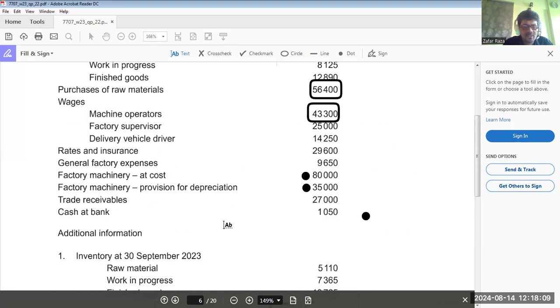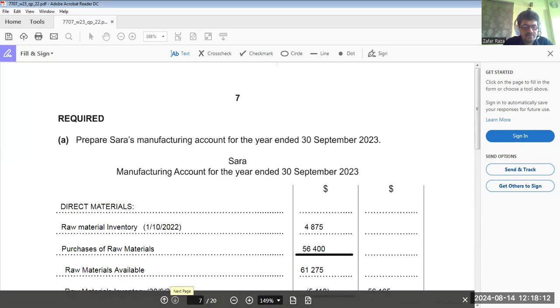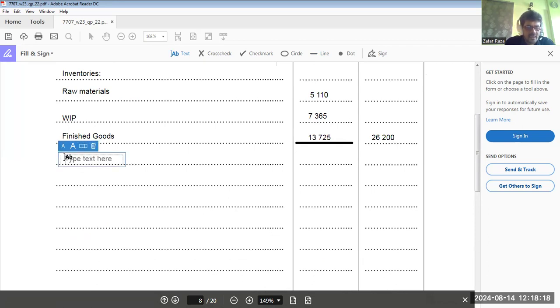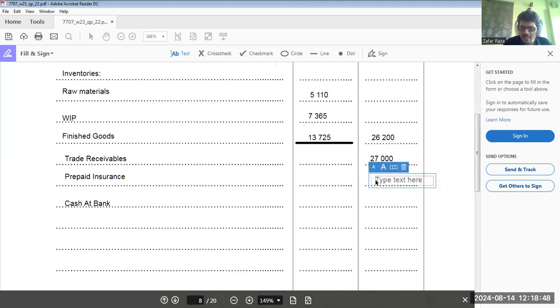We have only trade receivables 27,000, prepaid insurance 6,000, and cash at bank 1,050.